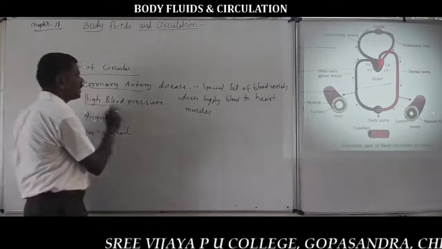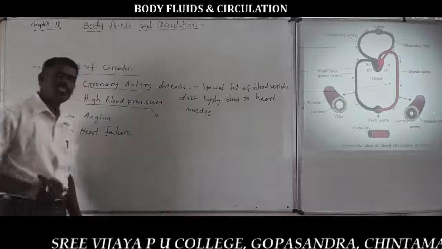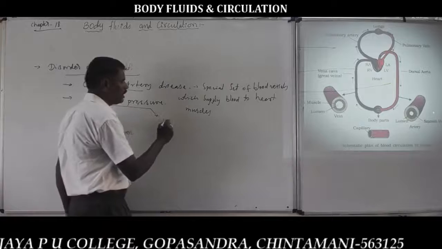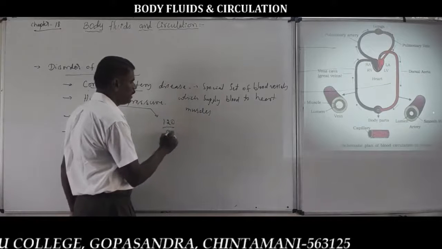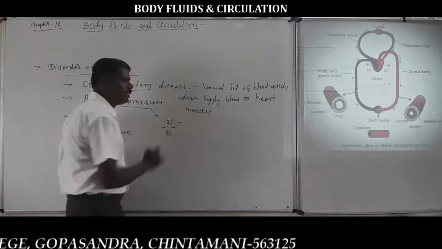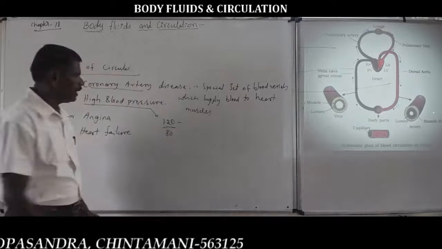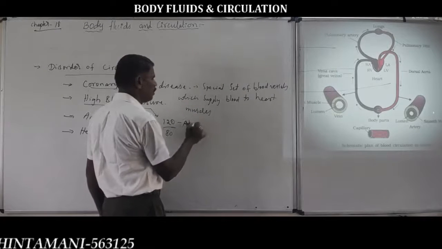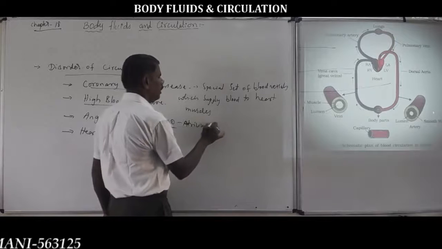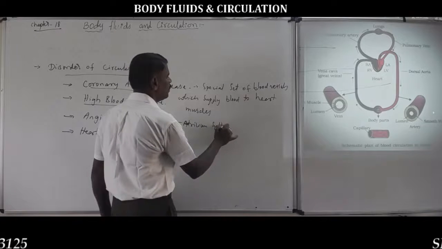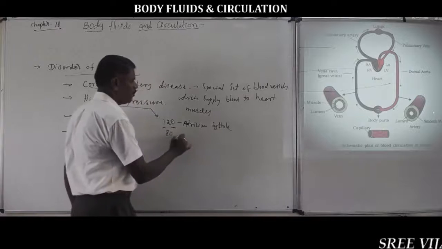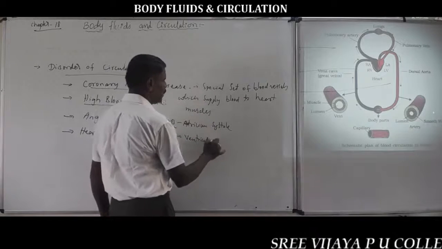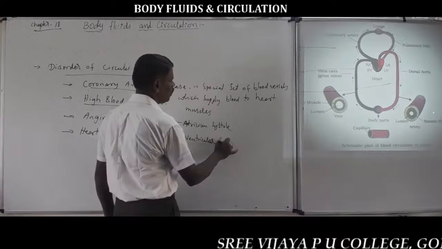Another one is high BP, that is, high blood pressure. The normal blood pressure is 120 by 80. 120 is the atrial systole, and 80 is the ventricular systole.